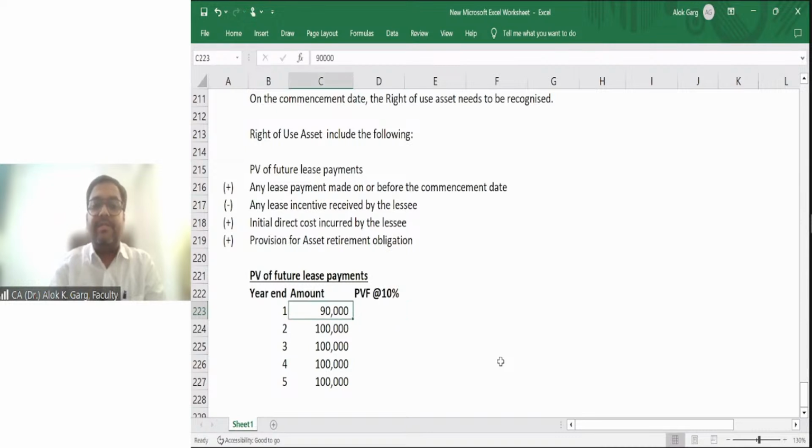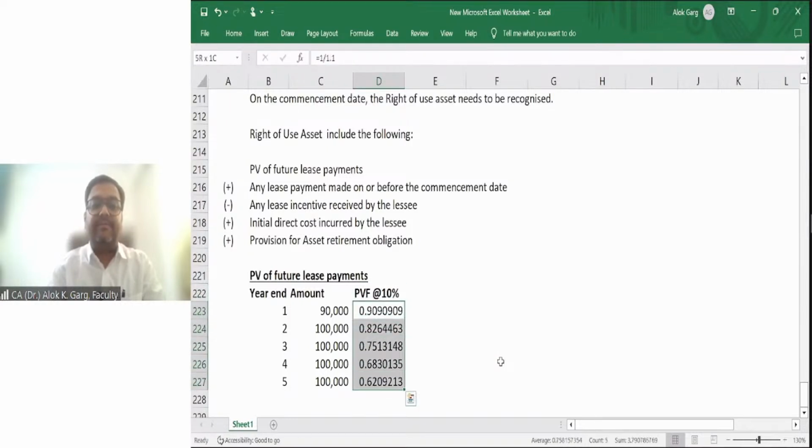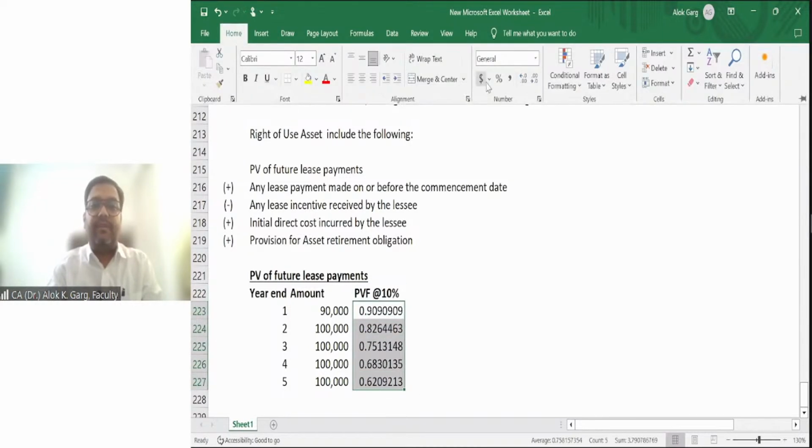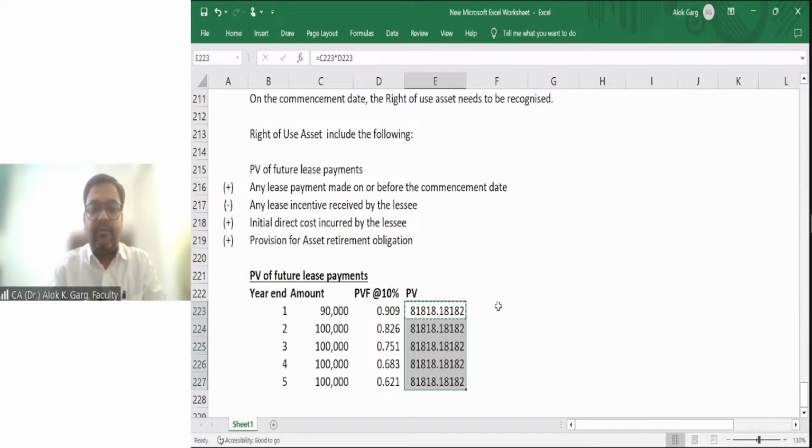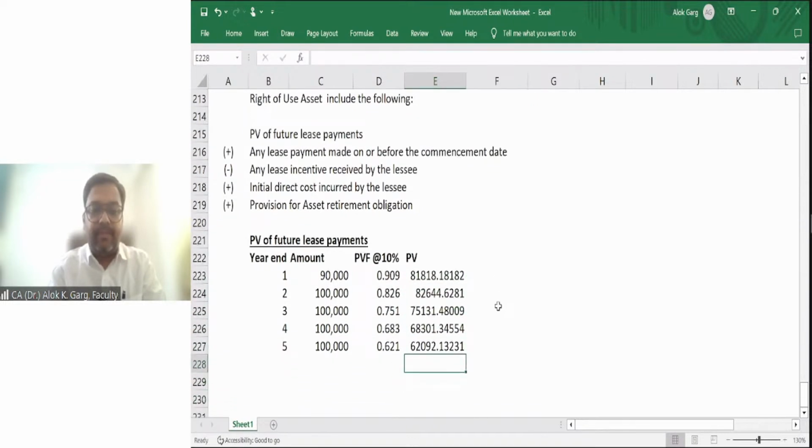Because these payments are at the end of the year, 1 divided by 1.1 comes out at 0.909. This divided by 1.1. This is how your present value factor needs to be calculated. Then your present value is this multiplied by this, and this will be your total.